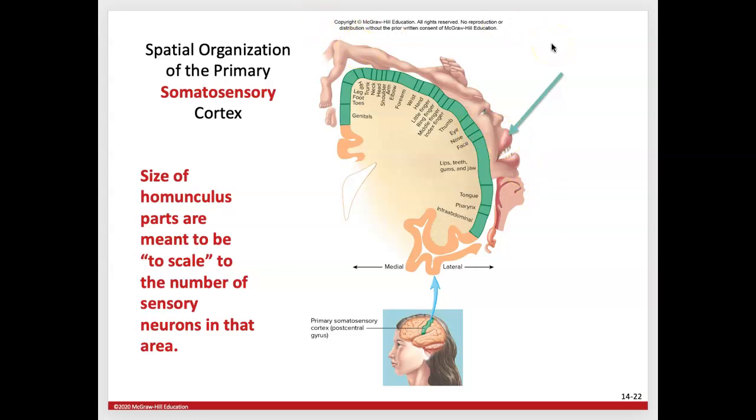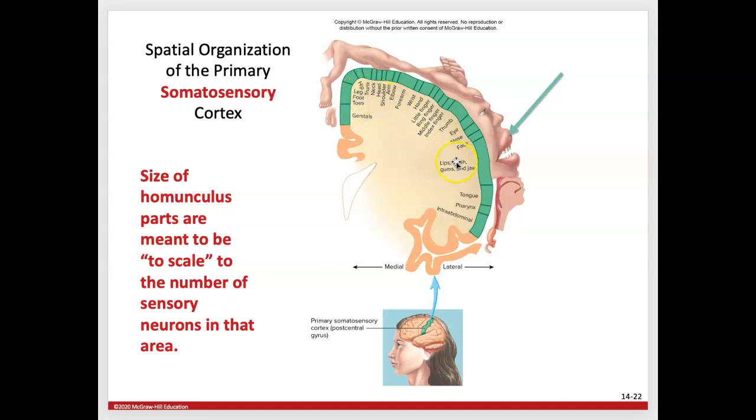And where that information goes is specific parts of the brain. This would be the back of the brain, and this would be the front of the brain. The sensory information coming in for the genitals, the toes, the foot, the leg, the hip, and so on comes in the front part of the somatosensory cortex.